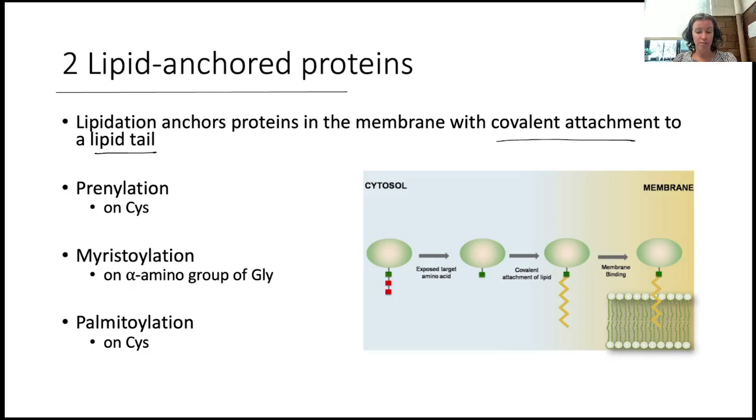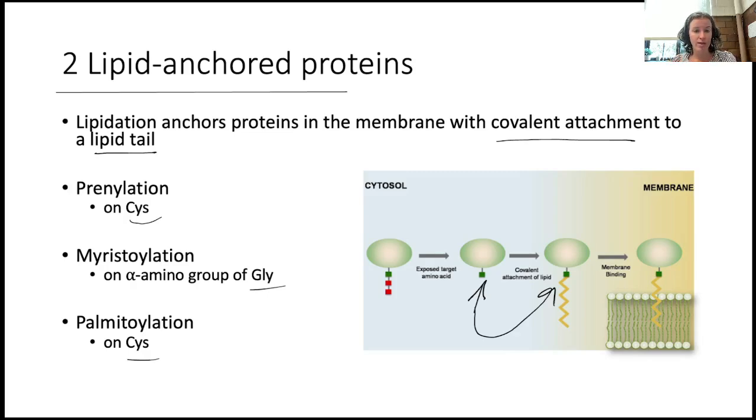Now this covalent bond can happen on a cysteine, a glycine, or on a cysteine again. Exactly where isn't important. But what we should understand is it results in a protein that now has a lipid sticking off of it.